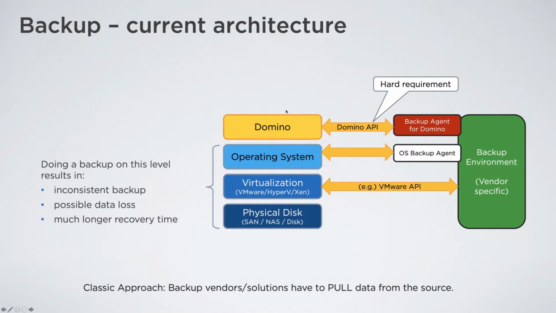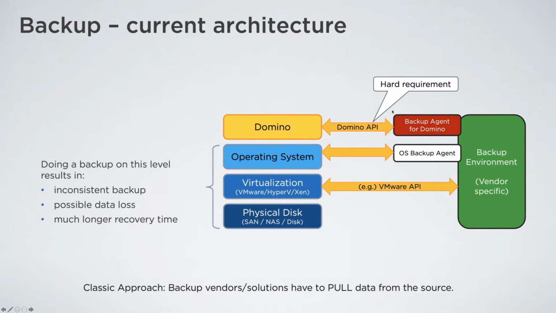Domino is not a set of static files. It's a living database structure, and all NSFs that are open cannot be backed up in an open state. They should be put into a ready-for-backup state, and then backed up by external backup software.